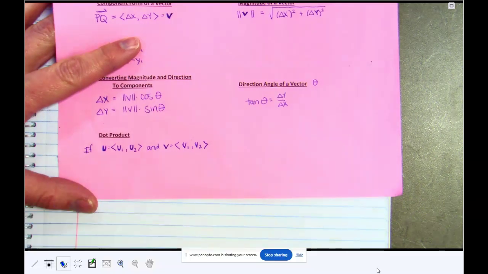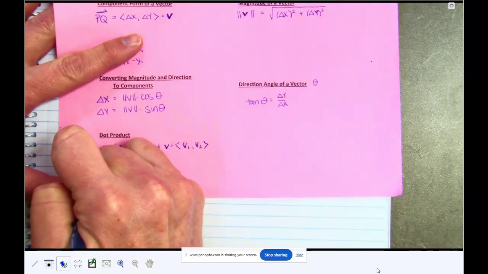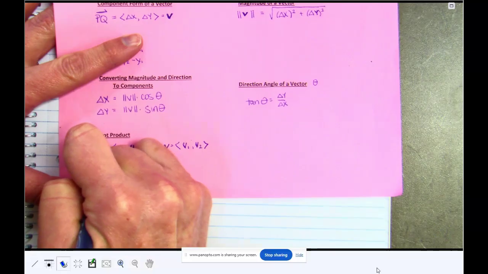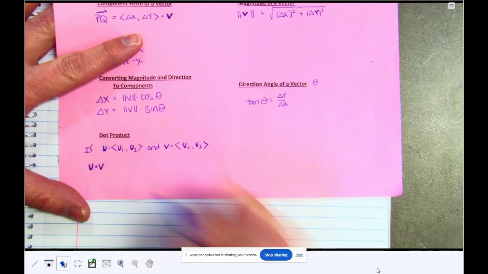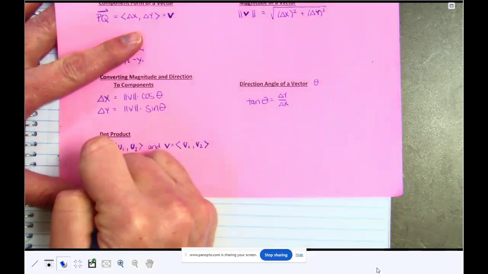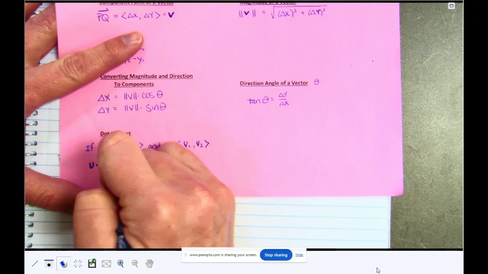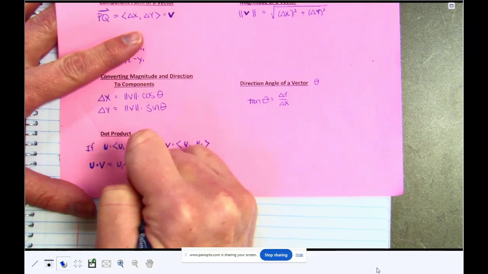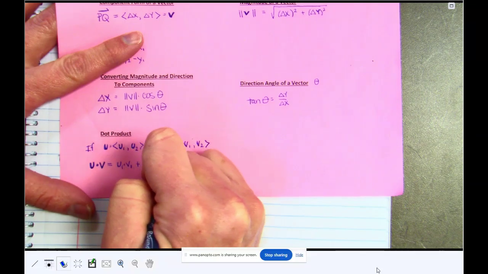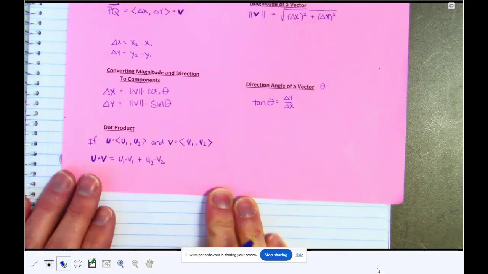So to find the dot product, it looks like this. It looks like multiplication, so there's going to be a dot in between them like that. U dot v. So you would say u dot v. You don't say u times v because it's not straight multiplication. So the way that you do it is you do u1 times v1 plus u2 times v2. So it's weird because it's not just multiplication.